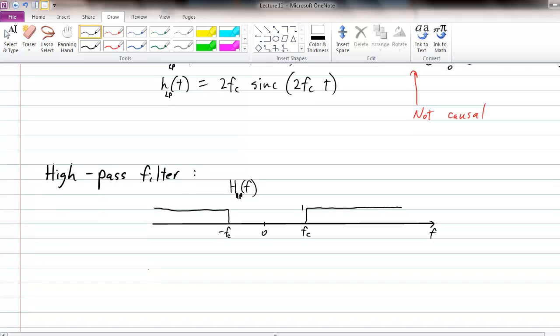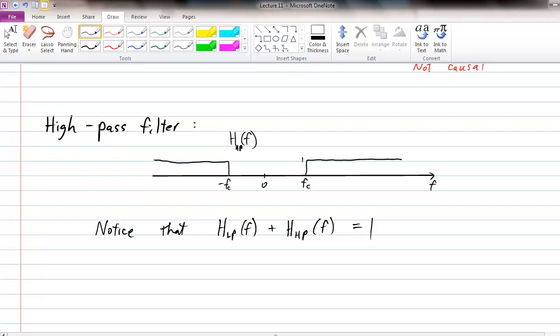Okay, notice that H low pass of f plus H high pass of f equals 1. Now let's take the Fourier transform of both sides of this. That means that the inverse Fourier transform, H low pass of t plus H high pass of t equals what?